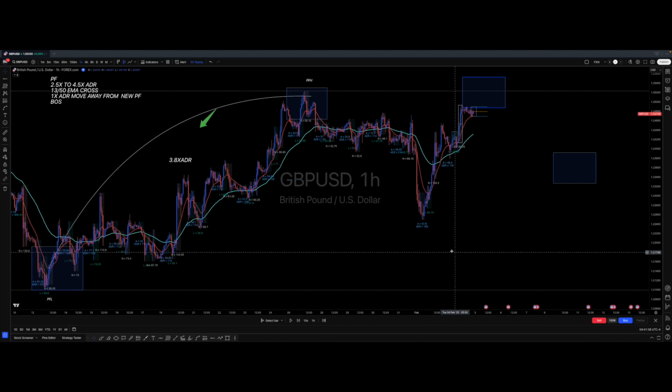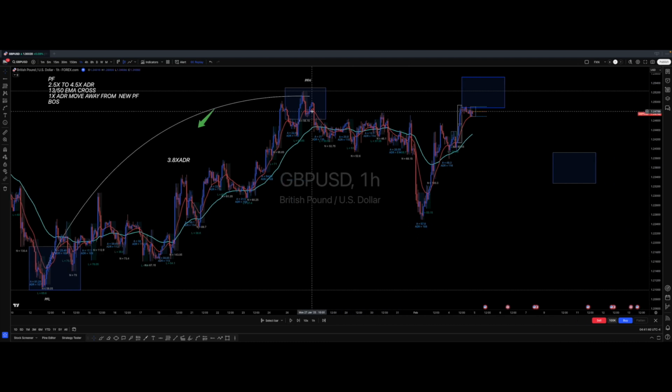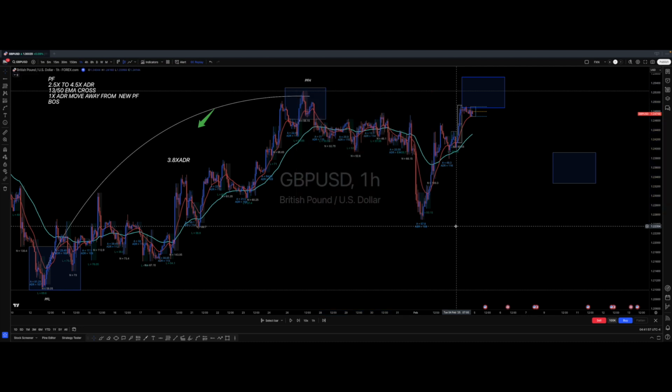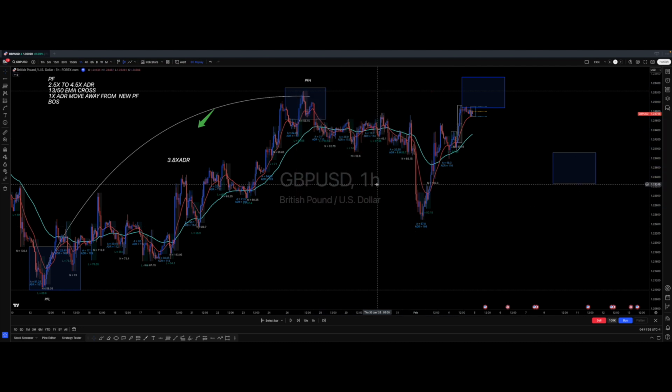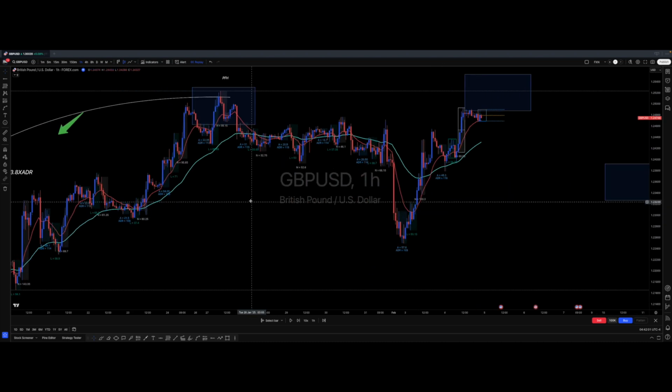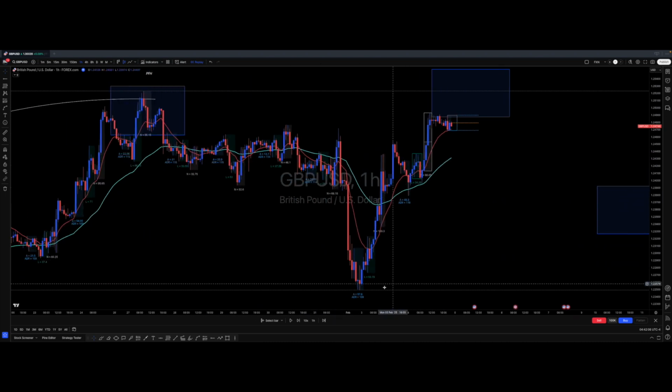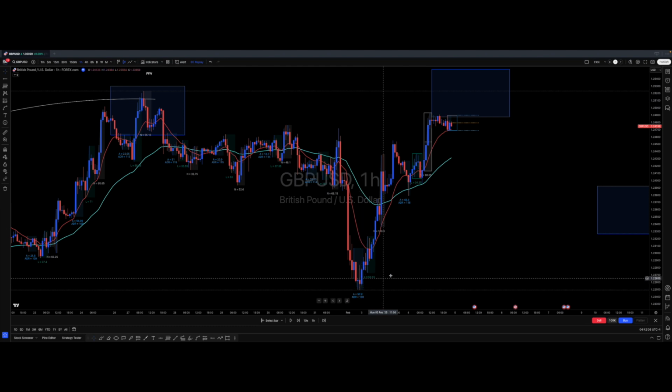Now this move here, from here to here, is 275 pips. What is the average ADR for this section? Well, we're looking at 115, 115, 114 to 109 here at the very bottom.